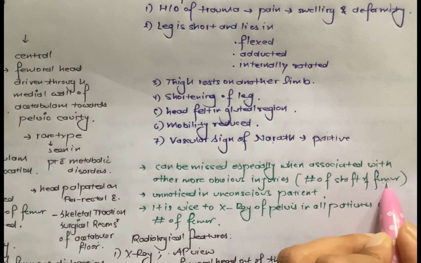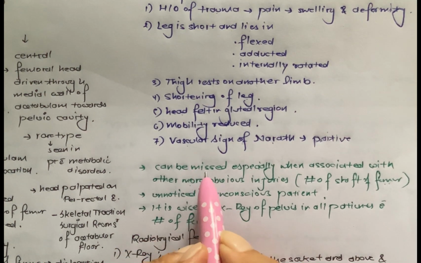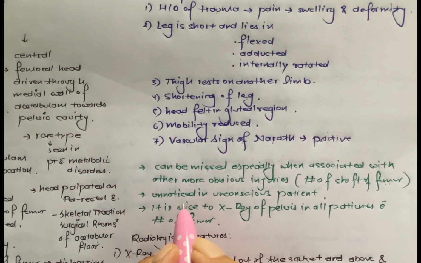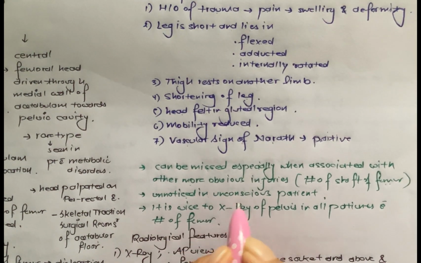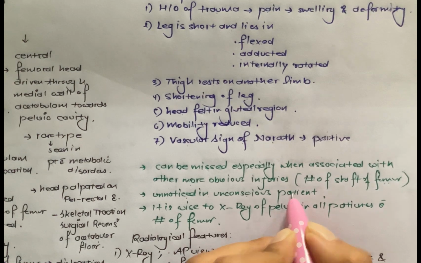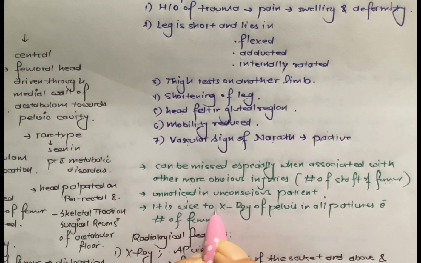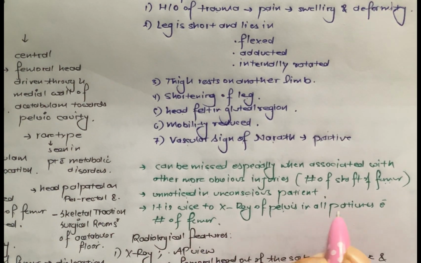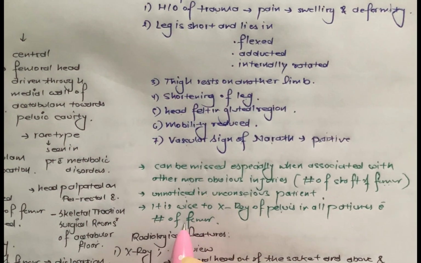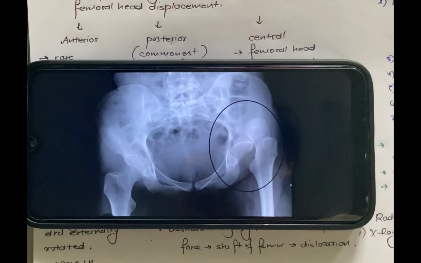It can also go unnoticed in an unconscious patient. So it is very wise to do an X-ray of the pelvis in all patients with fracture of the shaft of the femur.